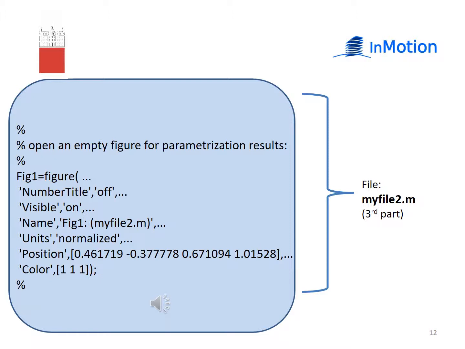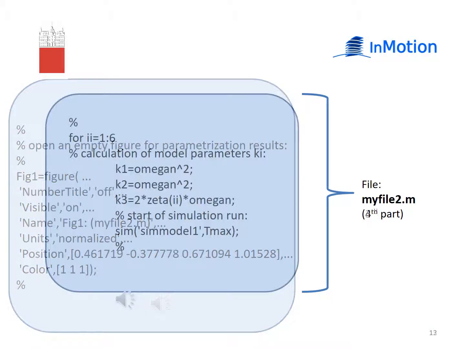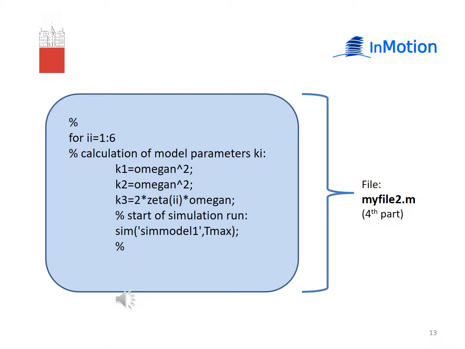Here its name, position, and color are defined. A for loop is starting here, where 6 iterations will be executed regarding the observation of 6 values of parameter zeta. For each value, first parameters k1, k2, and k3 are calculated, and then the simulation run is started.